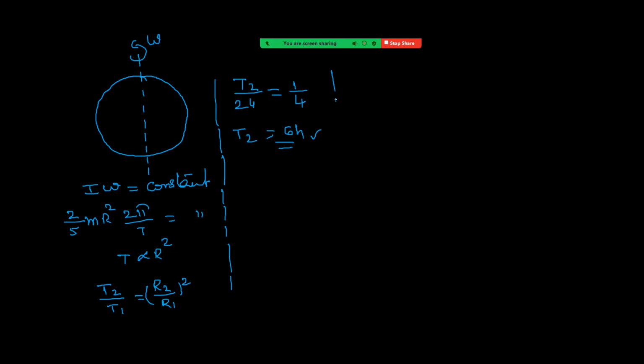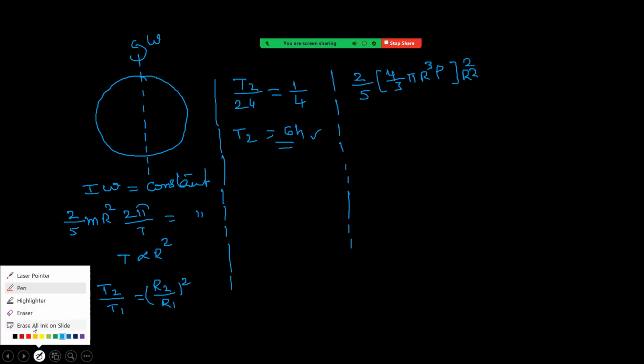Okay. Now consider the second condition, that is density constant. See what happens. If density is constant, in the place of mass, we can write 2 by 5, and in the place of mass, it is 4 by 3 pi r cube, that is volume, into density, into r square.